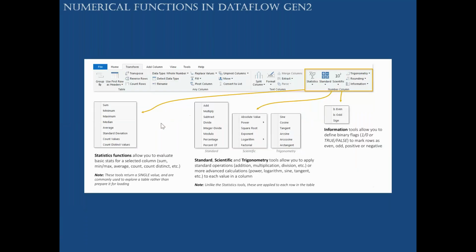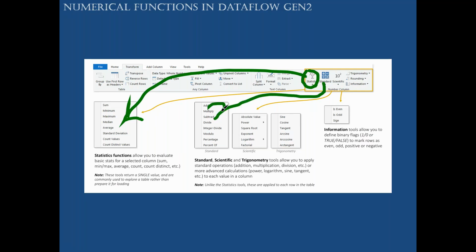So today we are going to talk about the numerical columns. In the numerical columns, we have statistics where we can apply the aggregate functions. Then you have something called standard. We can apply add, multiply, subtract, divide, any pricing calculations, any numerical calculations. Next you can see scientific. We can do the square of a number or the exponential power of the number.